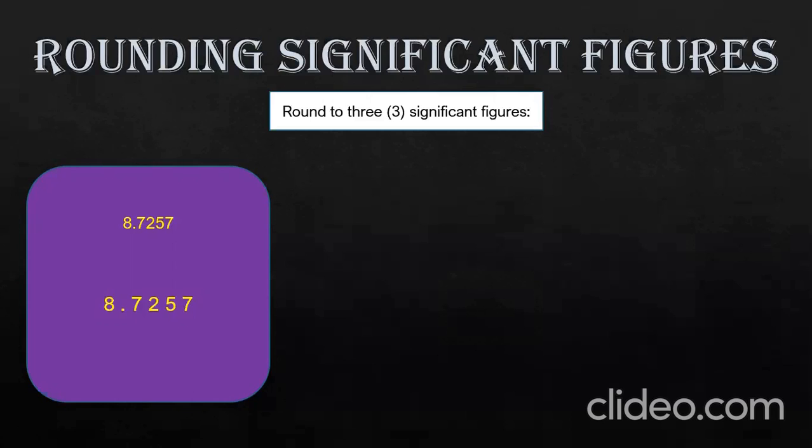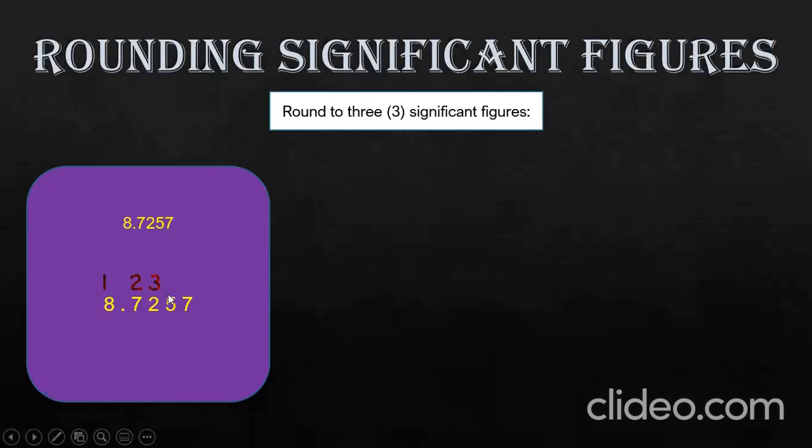So let's take first 8.7257. We are going to be writing this number to 3 significant figures. Now, unlike decimal places where we start counting behind the decimal point, with significant figures, we start counting from the first significant figure. In this case, our first significant figure is here at 8. So that's 1, 2, 3. We're at the third significant figure. Now we need to go back to our rounding off rules.